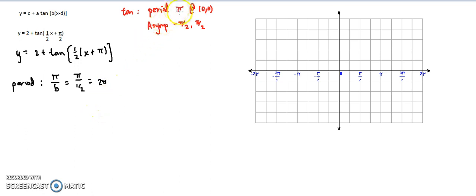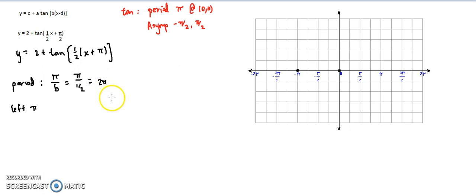All right, and then we have a shift to the left by pi. Okay, so we were at 0, 0 to start, so we're going to shift to the left by pi. That's here. And our period is 2 pi.